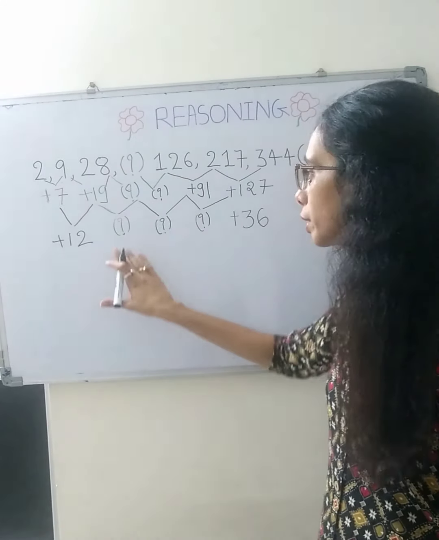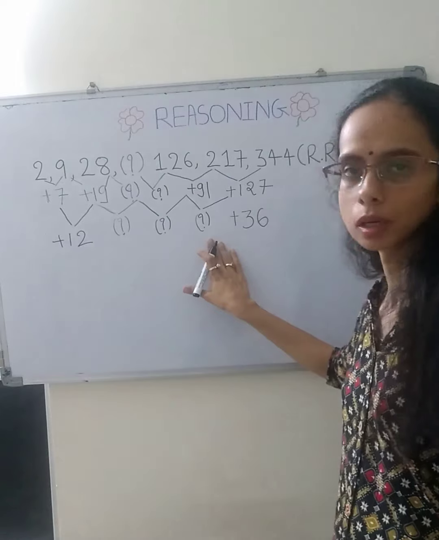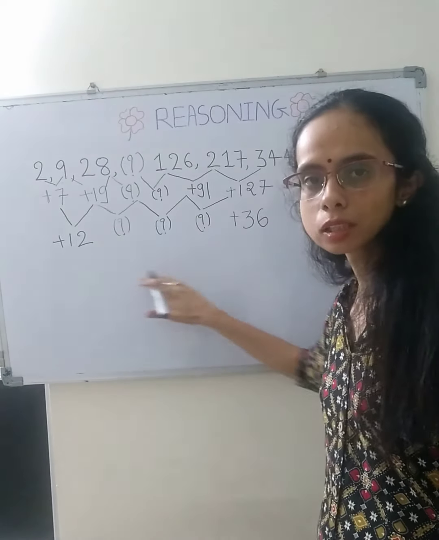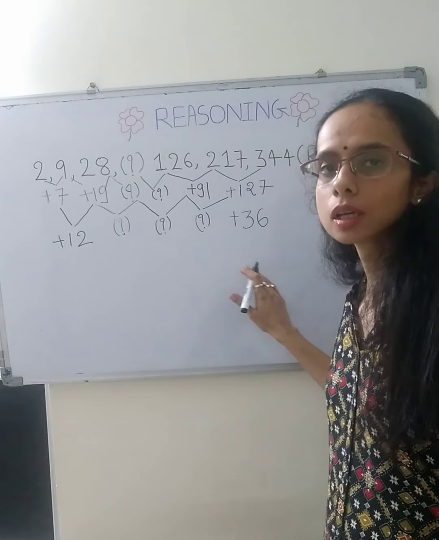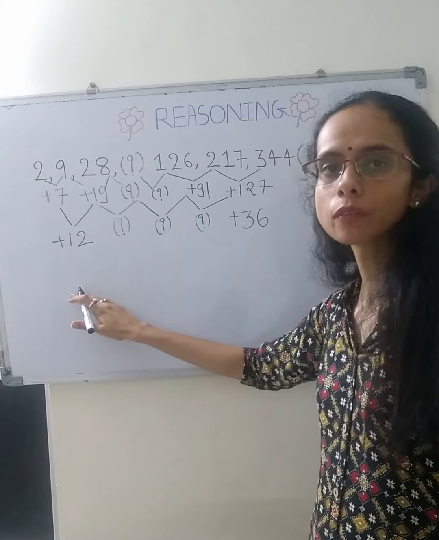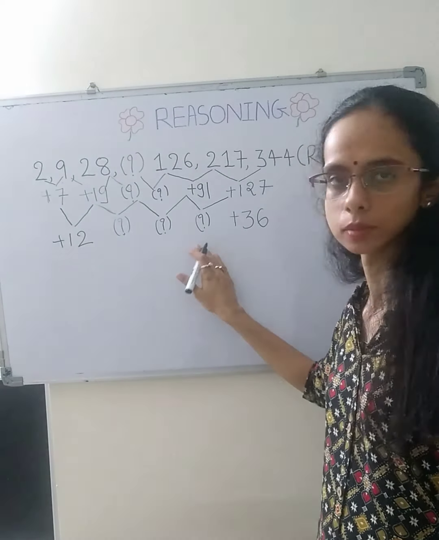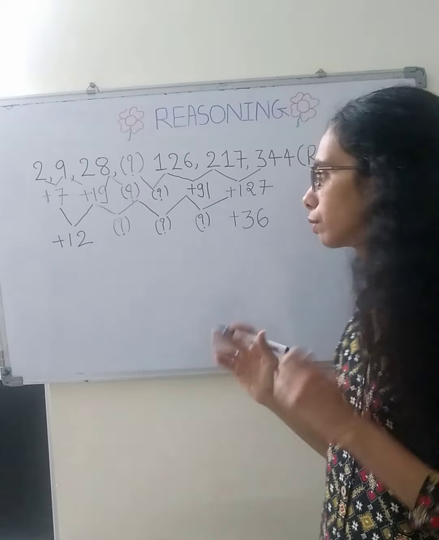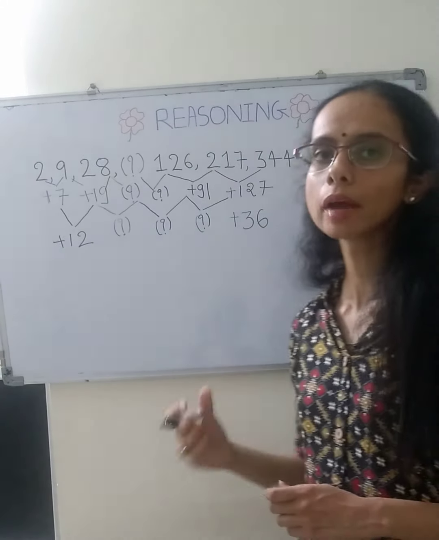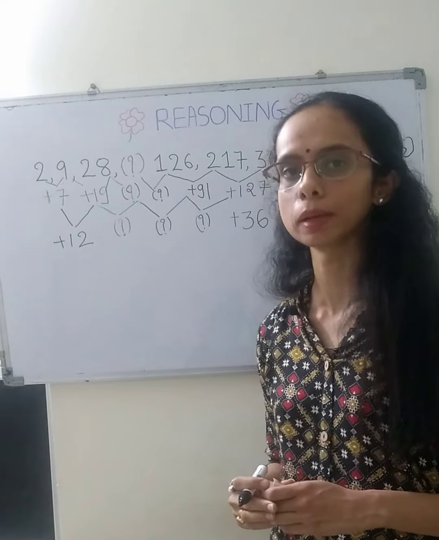Now, in order to find these three unknown numbers, we need a next pattern in which there is a uniform, or equal, difference between these consecutive terms. Okay, equal difference we want. This we have to find out by the trial and error method.